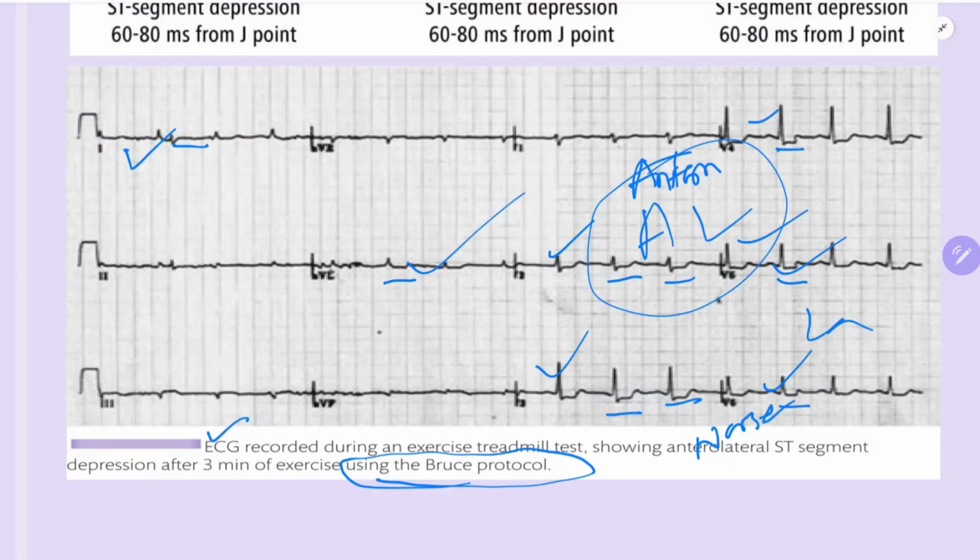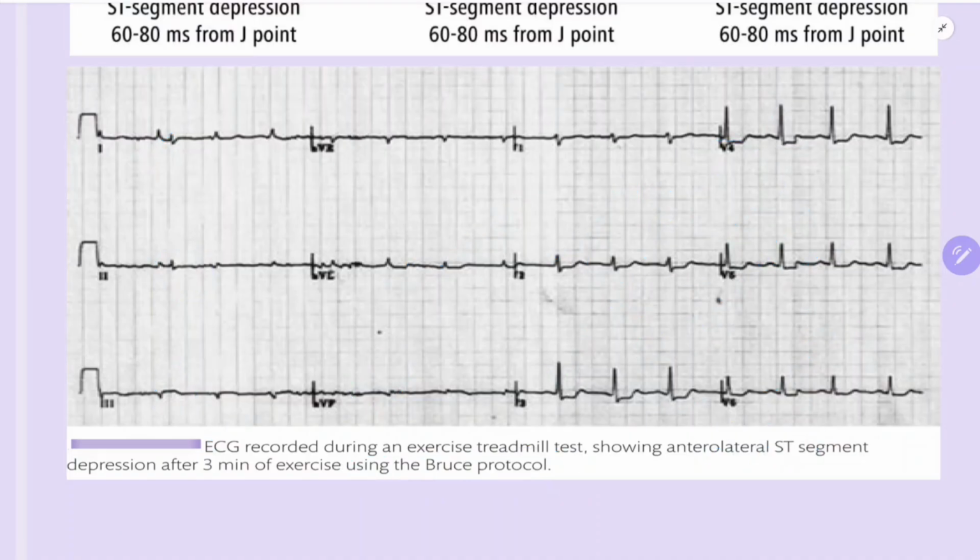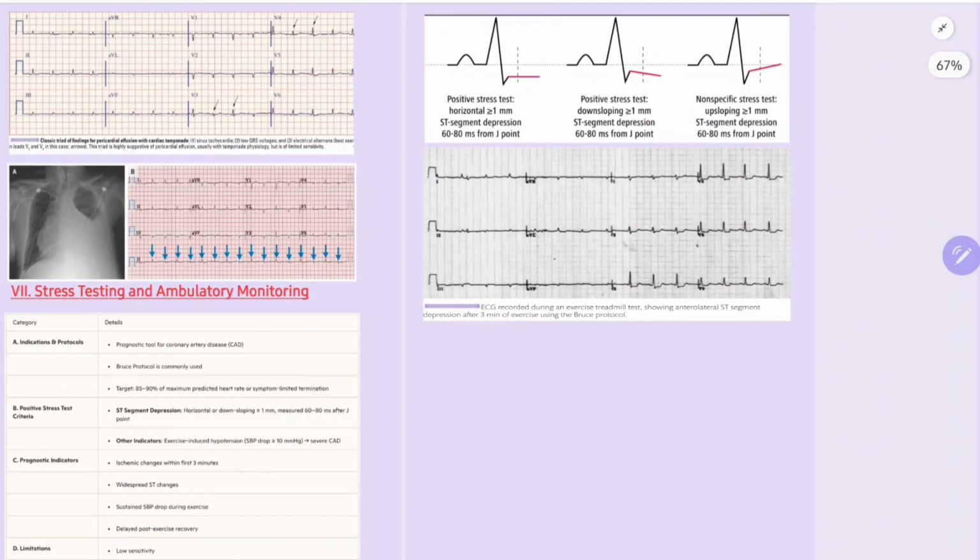The four points: widespread ST segment depression indicates worse prognosis, ECG changes in less than 3 minutes is also a bad prognosis, BP dropping and not recovering during the exercise is also worse, and recovering very late after the exercise is also worse. Here we see widespread changes because two regions are involved, anterior and lateral parts of the heart, except the inferior leads. So the patient should go for angiography. That's all about the ECG till now.